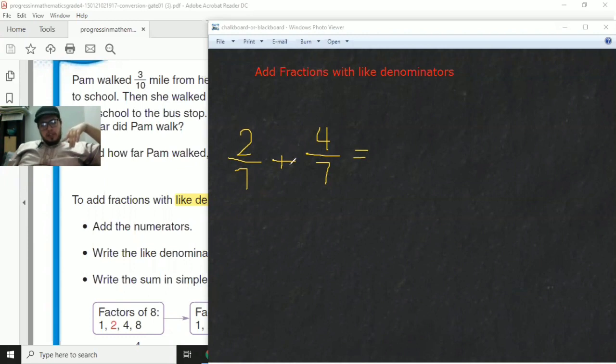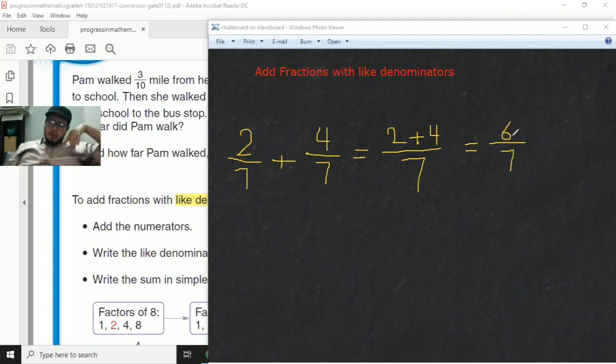So you notice that here we have two like denominators. They are the same, 7 and 7. So just the first step, you have to add the two numerators, 2 plus 4, and put the 7 as it is, like that. And go on, 2 plus 4 is going to be 6 over 7.